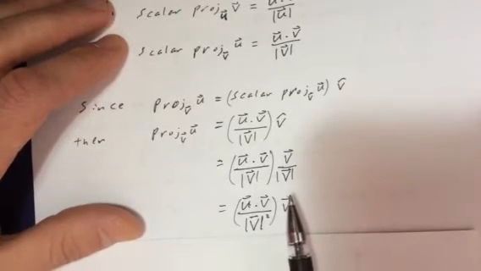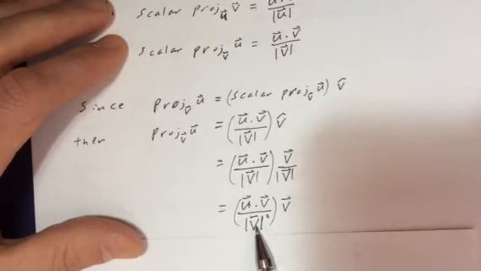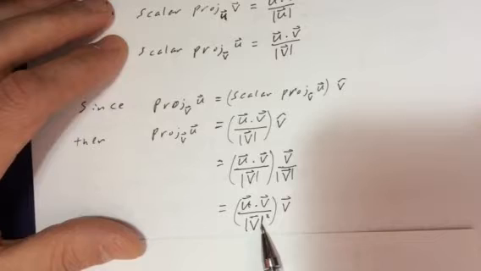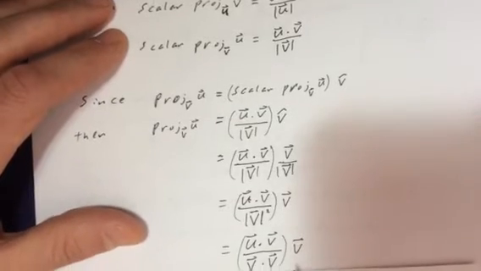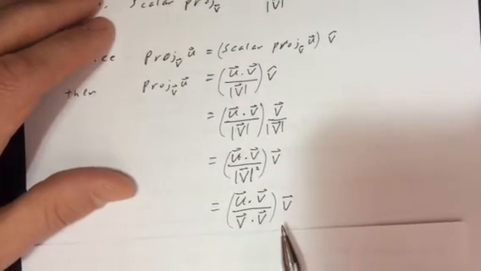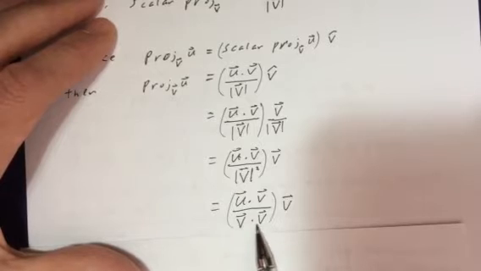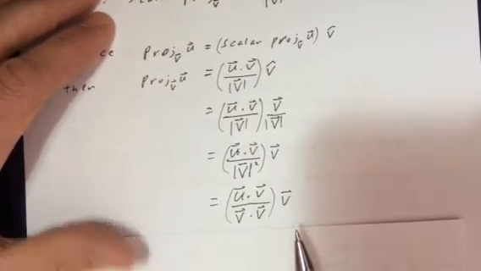Or we realize that we can work backwards here. A vector dot product with itself is just the magnitude of itself squared, so you can work backwards and write it like this: u dot v over v dot v times vector v. So that is the vector projection.